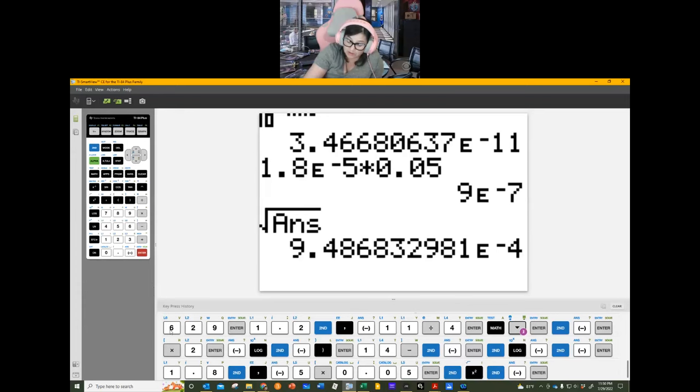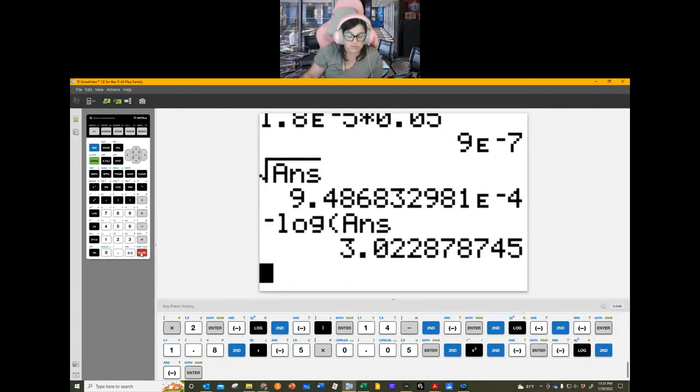It's also equal to my NH4 plus. Okay, so they're both equal to that. If that's my OH minus, I can take the negative log of that. I can take 14 and subtract that.